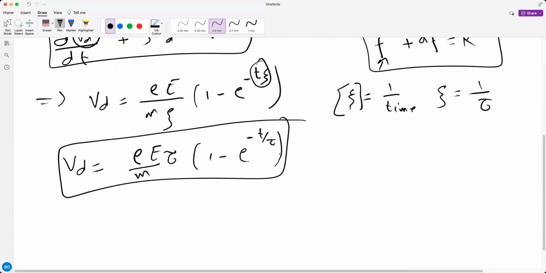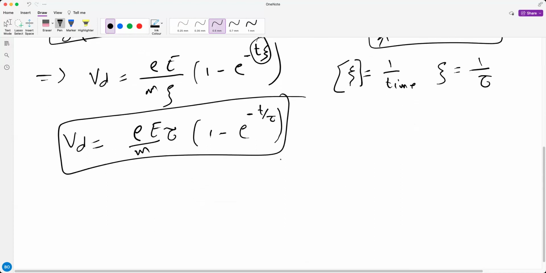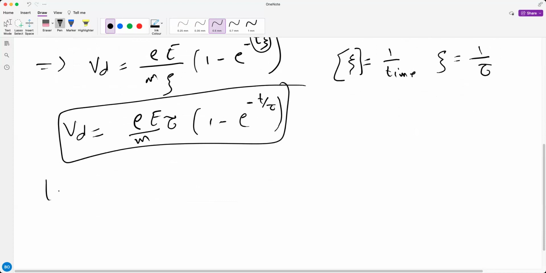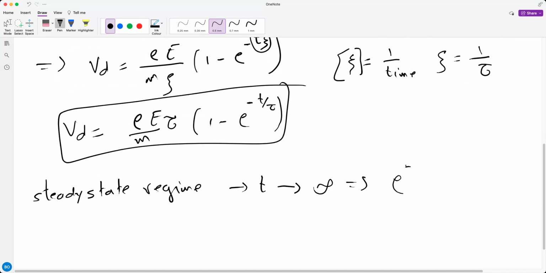Now, when the flow is continuous, at steady state regime, t goes to infinity, which means exponential minus t over tau goes to 0. Then I get the drift velocity that we got already before, which is E tau over m.